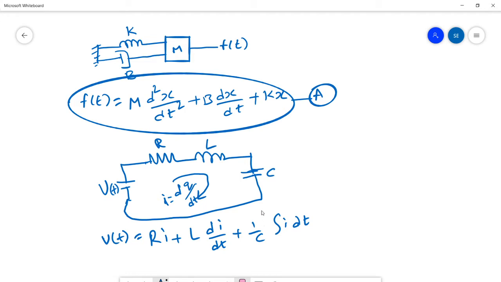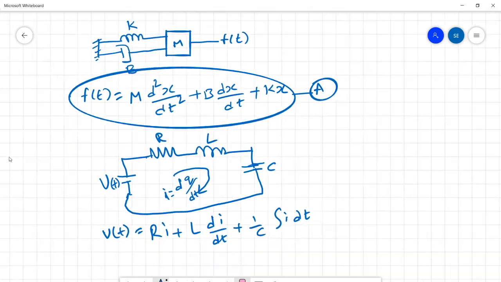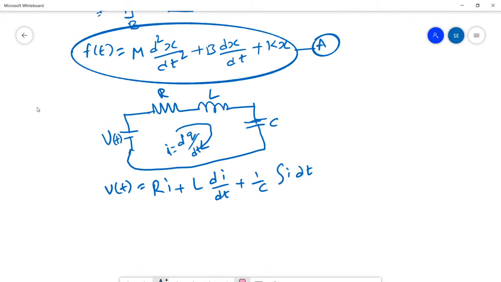So we'll do one thing. We'll write I in terms of charge, that is I is dq by dt, right? So we'll substitute I is equal to dq by dt.